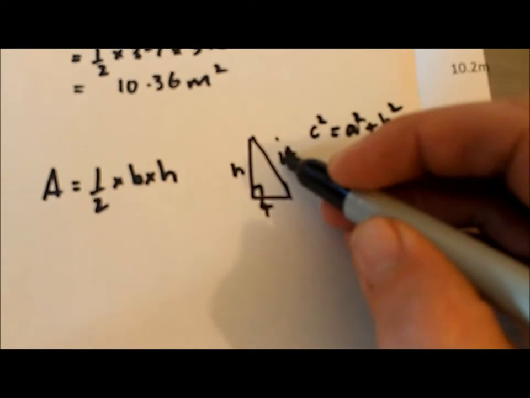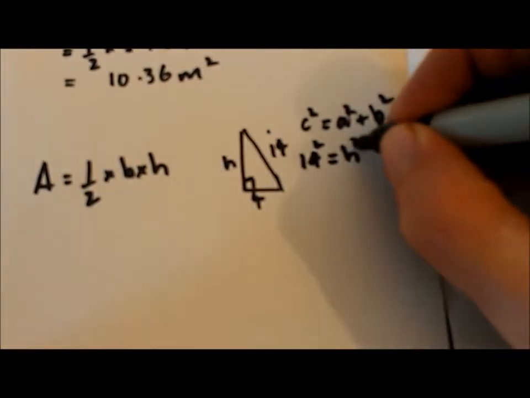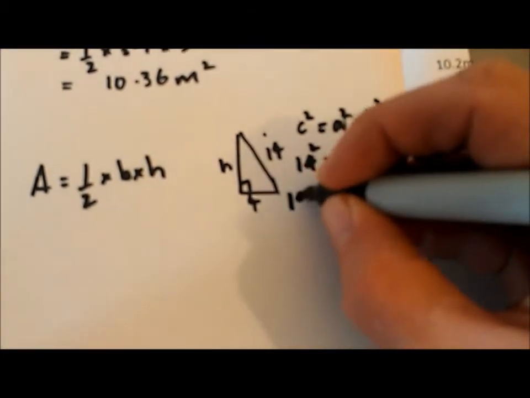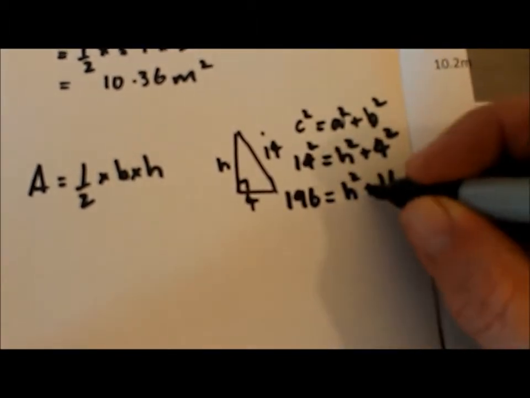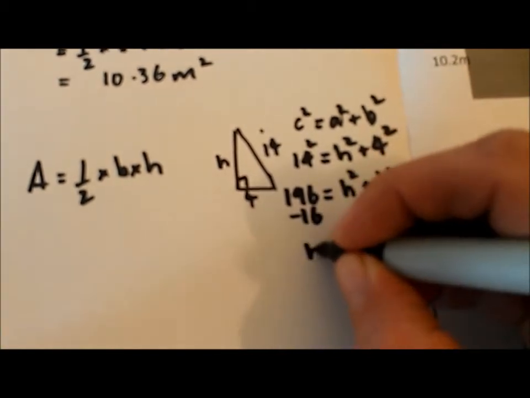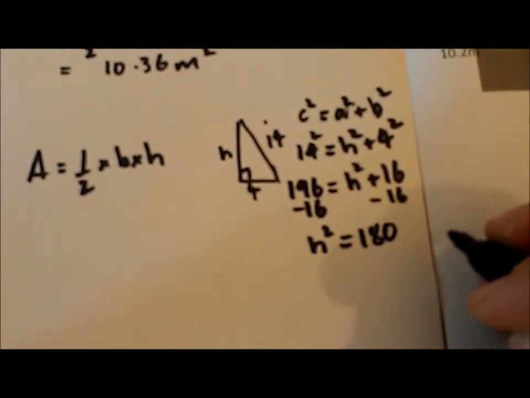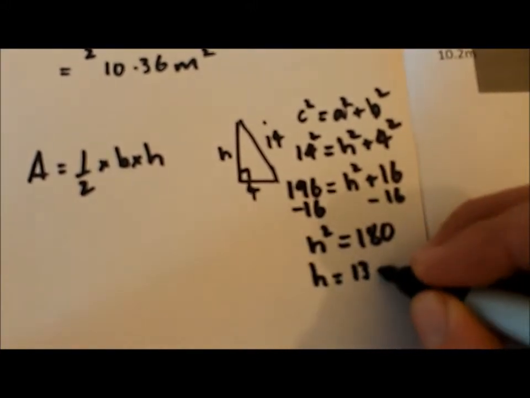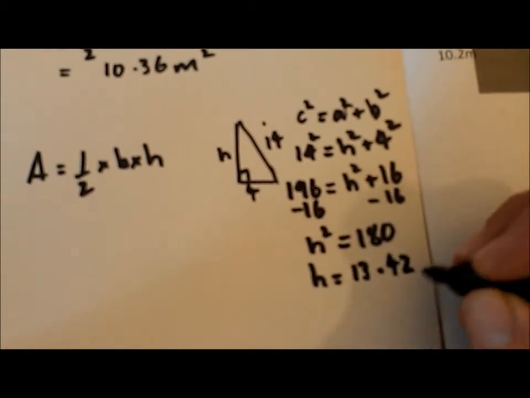C is going to be the 14, so 14 squared is equal to h squared plus 4 squared. So 196 is equal to h squared plus 16. I'll subtract 16 from both sides. I'll get h squared is equal to 180, and I'll take the square root of that and find h is in fact 13.4, and I'll round off to two decimal places, 13.42.